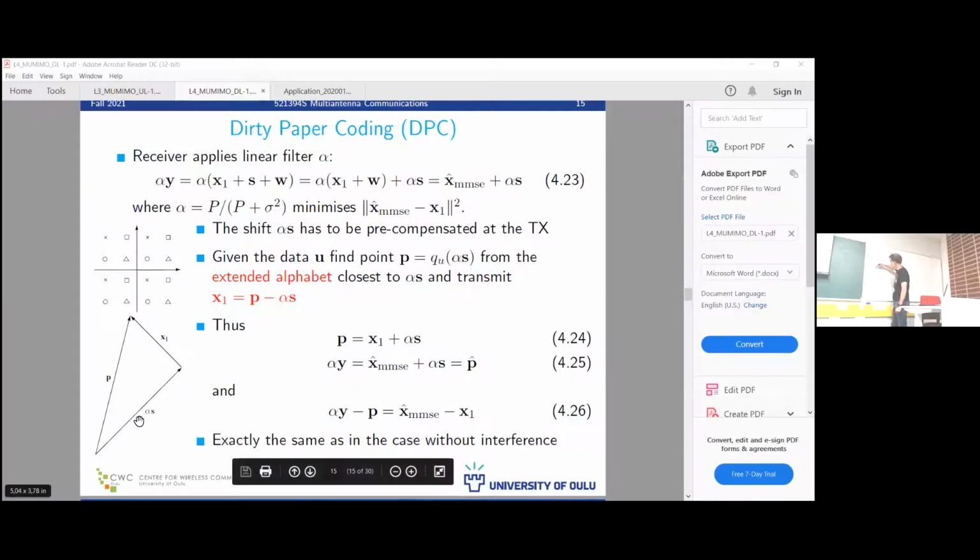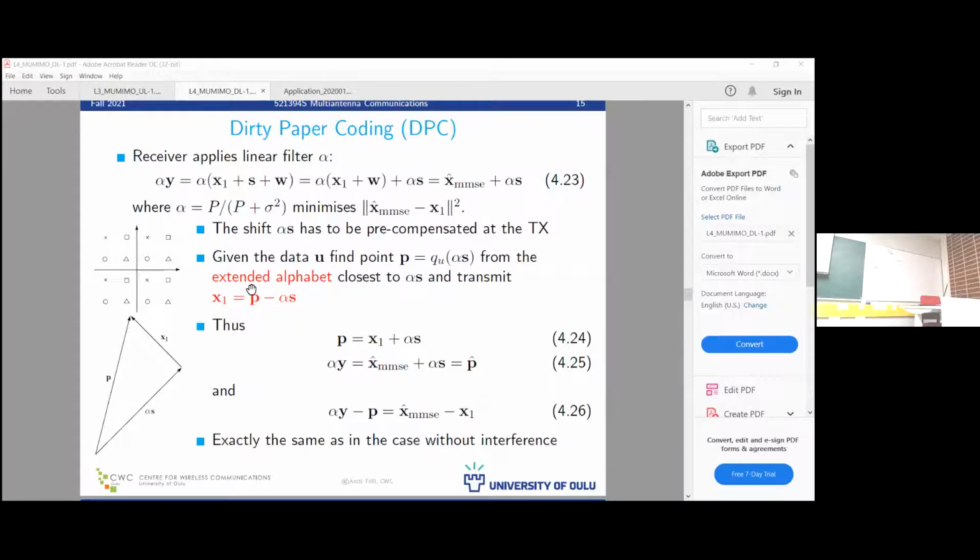The P vector is what we want to send to that given user. So generating P is basically sending the difference between alpha S and P, and P is the sum of alpha S and x1. Is that clear?